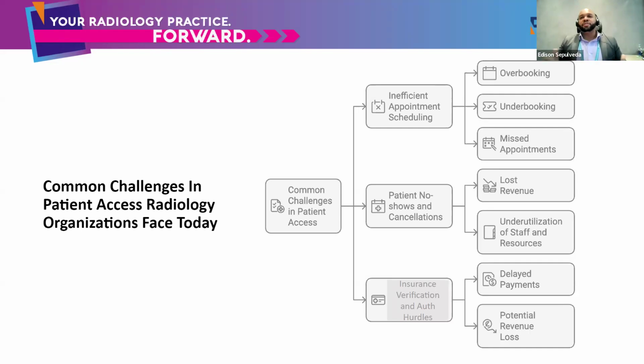So that's what we've seen is the ideal strategy to strike that balance between that patient experience, but also maximizing the utilization of those high cost fixed assets that you have.